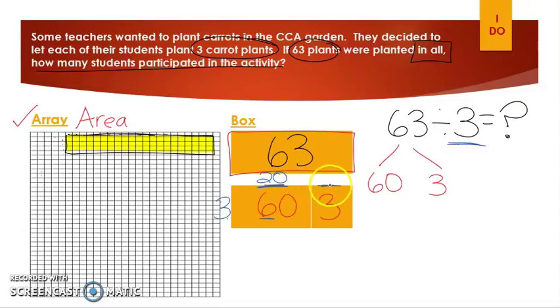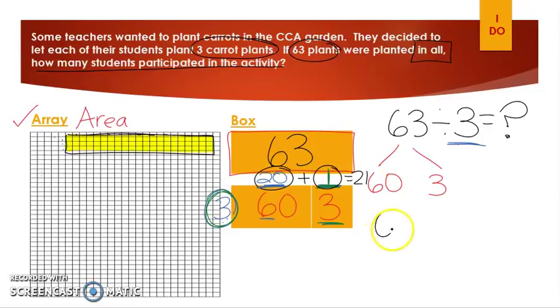Now I'm trying to figure out 3 times something equals 3. I know that one because that's the identity property. 3 times 1 equals 3. Now I can add up these two numbers. 20 and 1 equals 21.